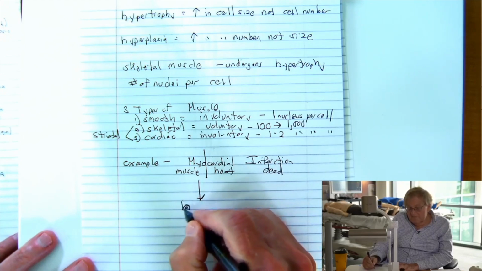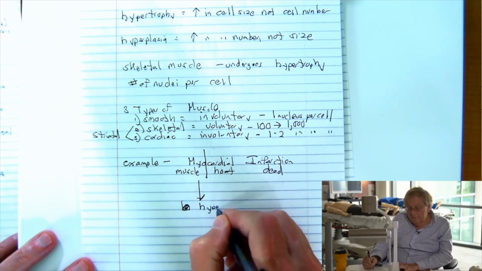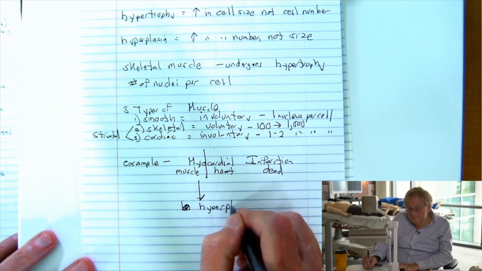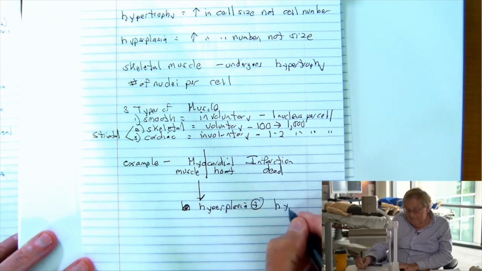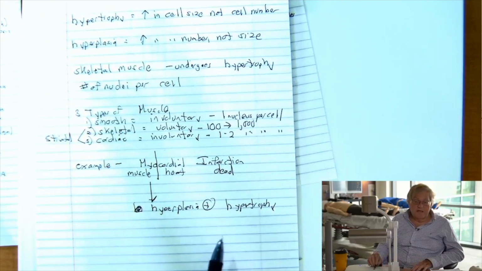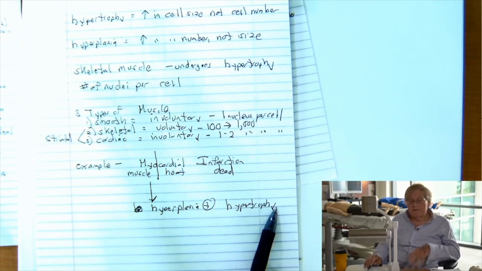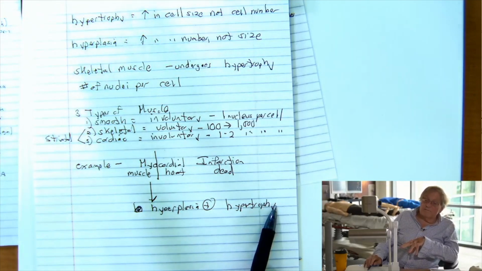So the difference with cardiac muscle, it can undergo hyperplasia and hypertrophy. You not only will end up having more muscle cells, but you're going to have larger muscle cells. And of course, the heart, as I always say, is not very smart, because bigger is not better in the heart, because that would be called cardiomegaly.